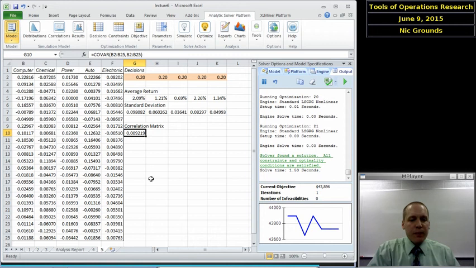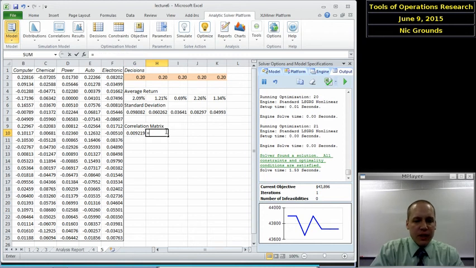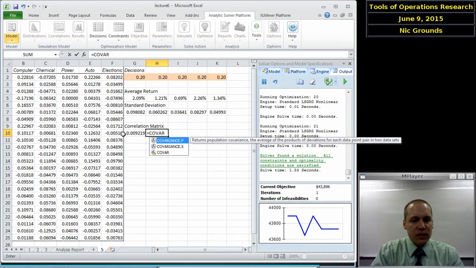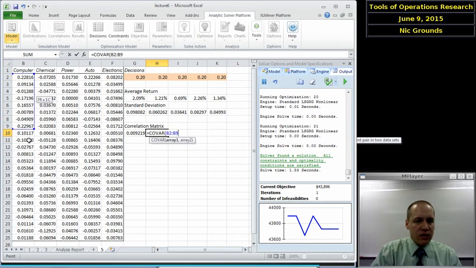Now, I'm going to end up with a matrix of 5 columns and 5 rows because I want every possible pair of investments and how they're correlated to each other. So the second column here will be computers correlated with chemical.